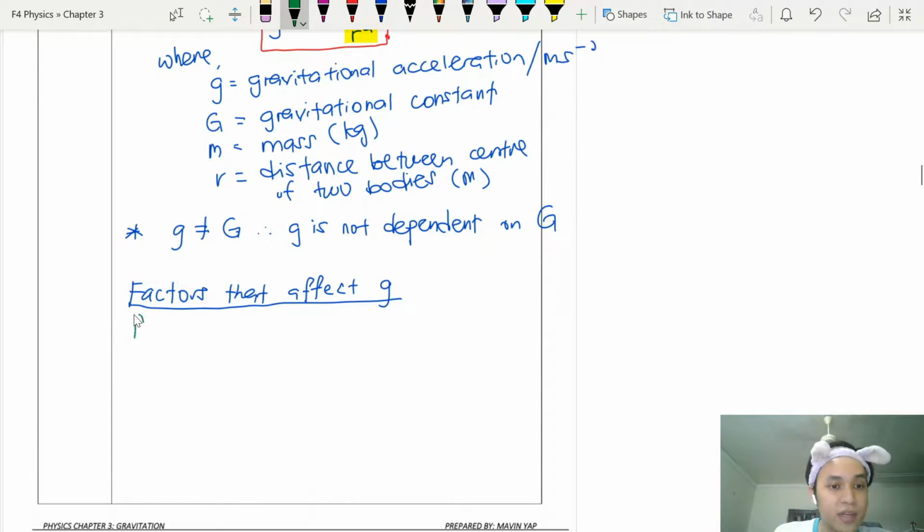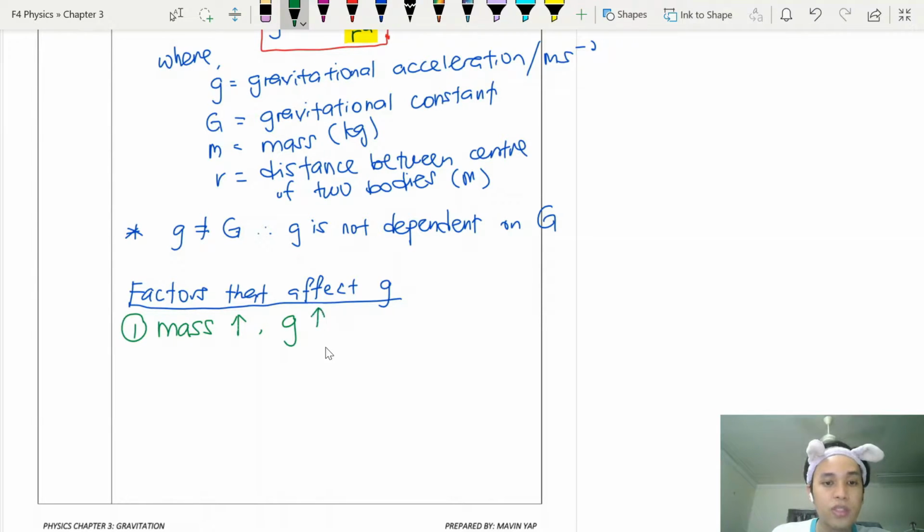The factor that affects your gravitational acceleration is your mass. When mass increases, your g also increases. The bigger the mass, the greater the gravitational acceleration. And the second thing is your radius, or the distance between two objects.